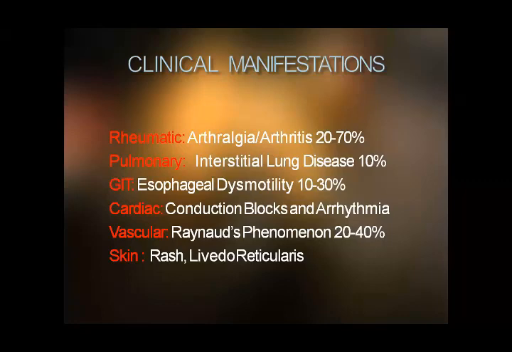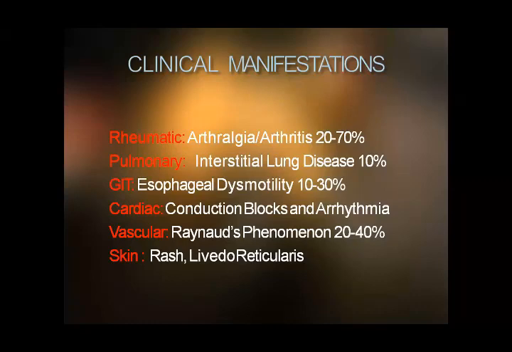Regarding gastrointestinal motility, as we discussed in scleroderma, they usually have difficulty swallowing due to esophageal motility disorders, and involvement of the intestine leading to malabsorption, and the large gut may have wide-mouth diverticular disease. But here, esophageal motility disorder is seen in 10 to 30% of patients.